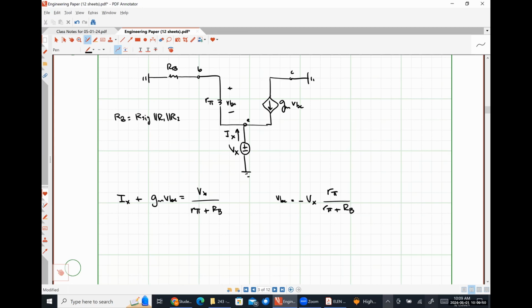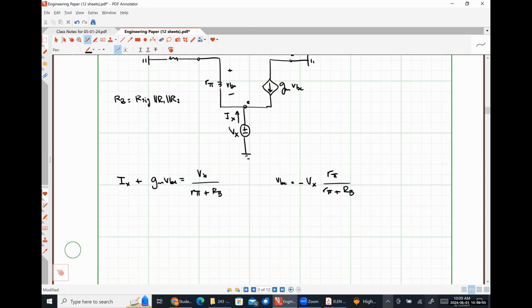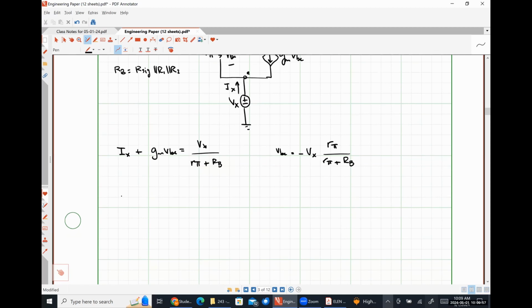Good old voltage division, nothing wild or crazy there. And when we substitute that in, I could write this as Ix is equal to Vx over R pi plus RB plus Vx times gm R pi divided by R pi plus RB. Anybody got beef with my algebra there?